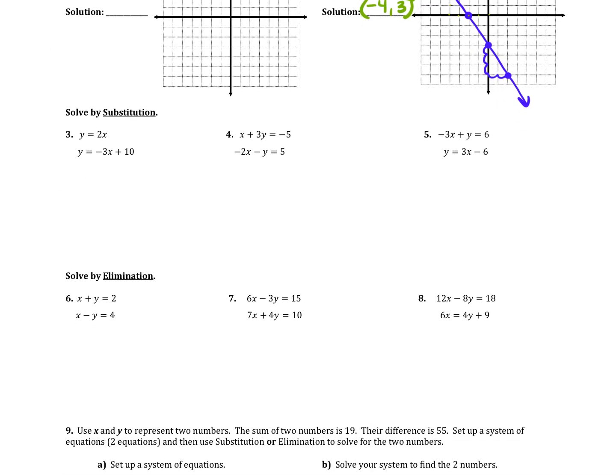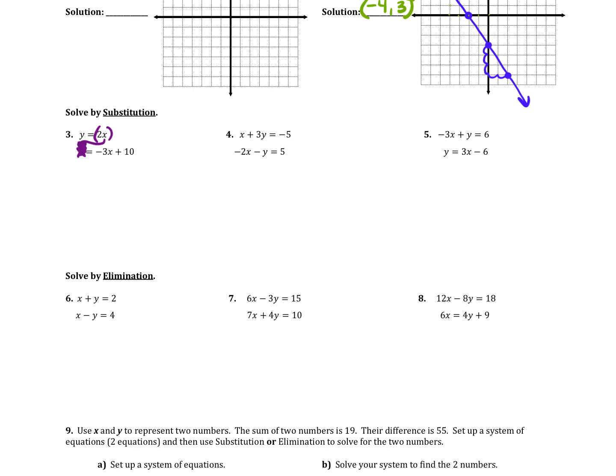Okay, now I'm going to walk you through one or two of the substitution, maybe two. This first one, you have y isolated in both of them. So you can actually choose which one you want to be the substitutor. I am just going to take y as 2x, and I'm going to take out the y in the next equation, and I'm going to put in 2x, okay?